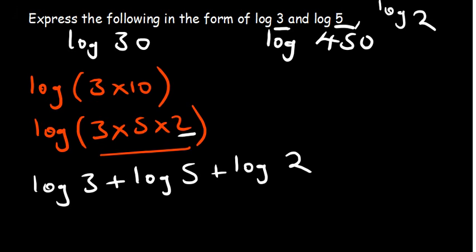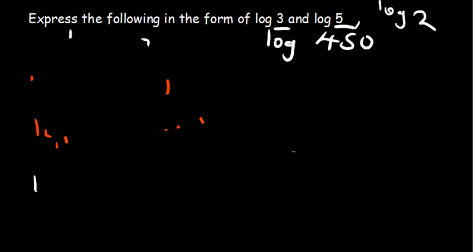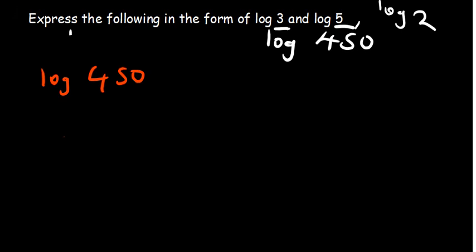Let's try to look at the other side of the question there. When you look at the other side of the question, what we have is log 450. So we want to express it in terms of the product of 3, 5 there. Okay, so at least we know that 450 is the same as 45 multiplied by a 10.